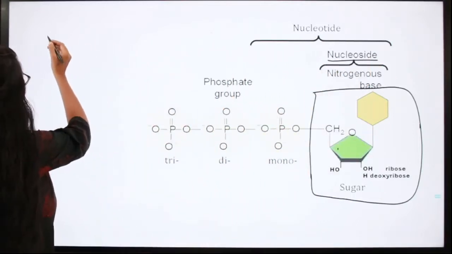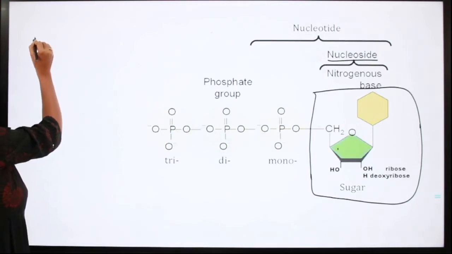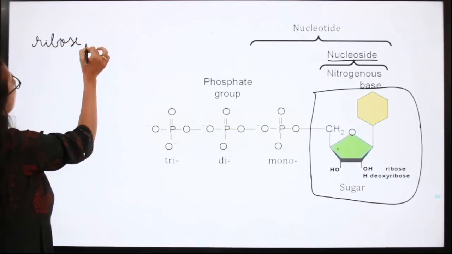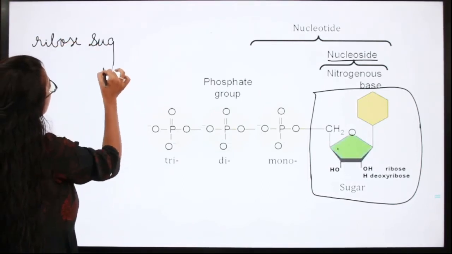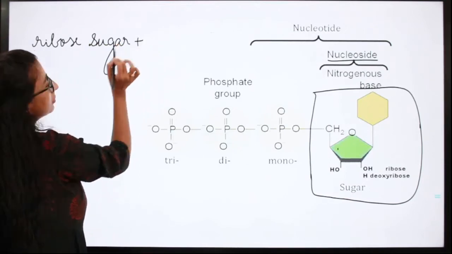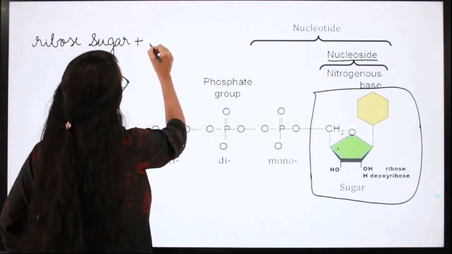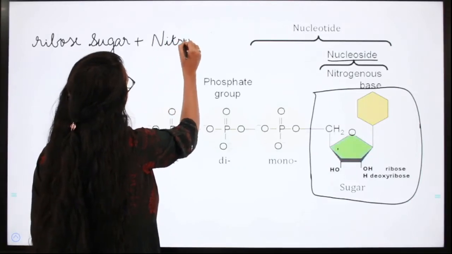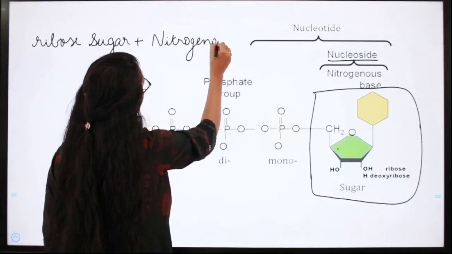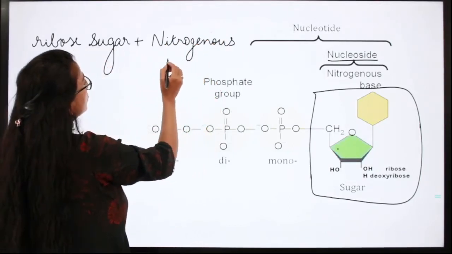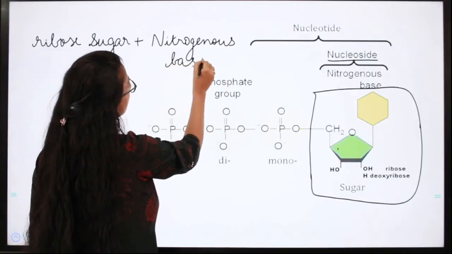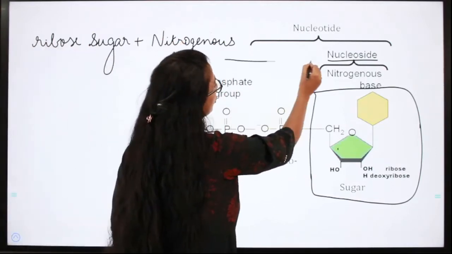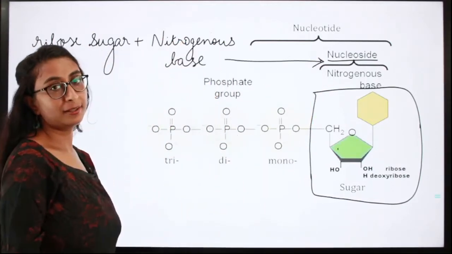So I'll write it down here. Ribose sugar plus nitrogenous base. The ribose sugar plus nitrogenous base is called a nucleoside. Okay.